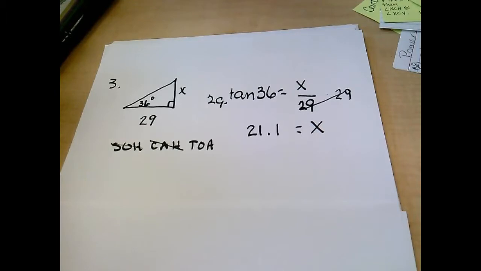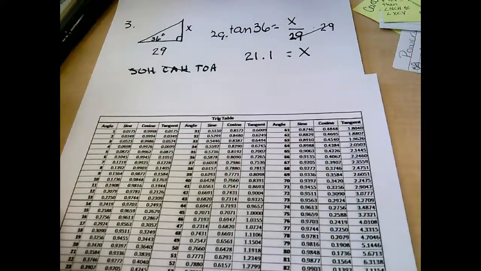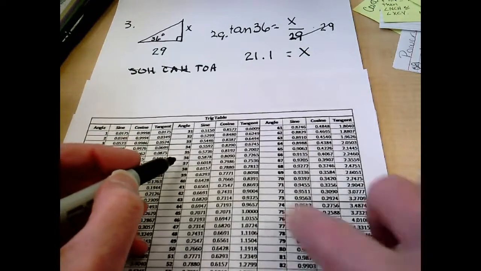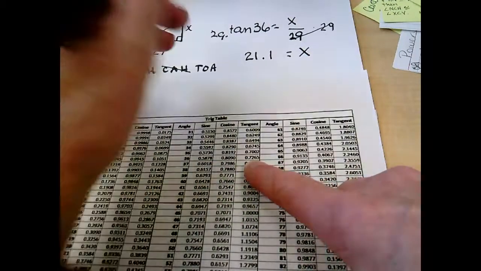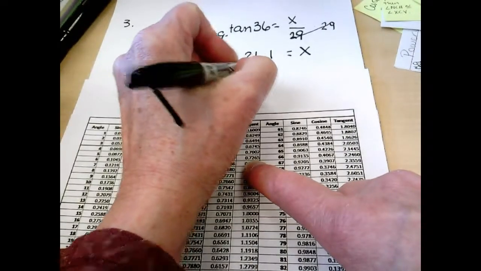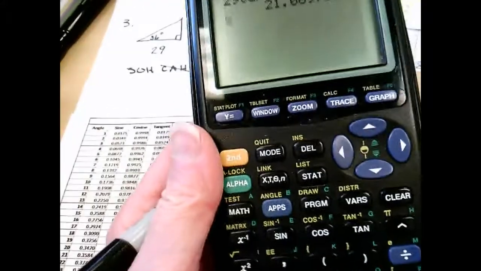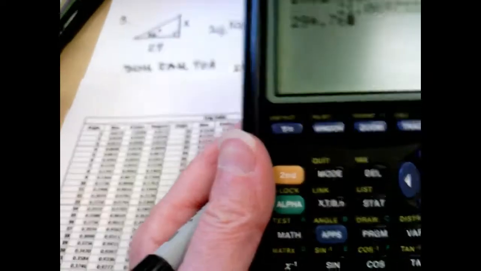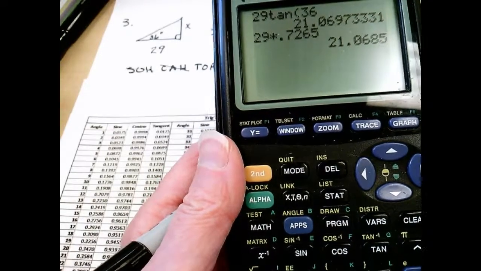If you were having to use the table, just to show you that example, in case you didn't have a scientific calculator at home. So tan of 36, I look and I go across at 36 is my angle, go across to tangent, I would have 29 times 0.7265, and I get the same exact answer.